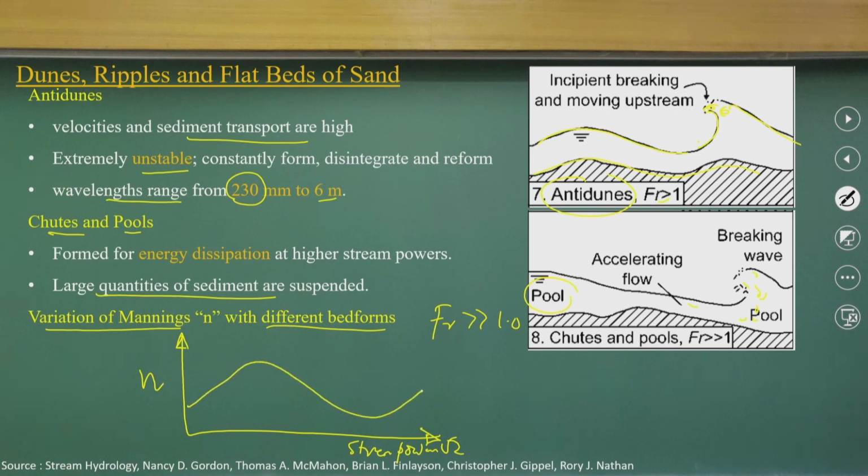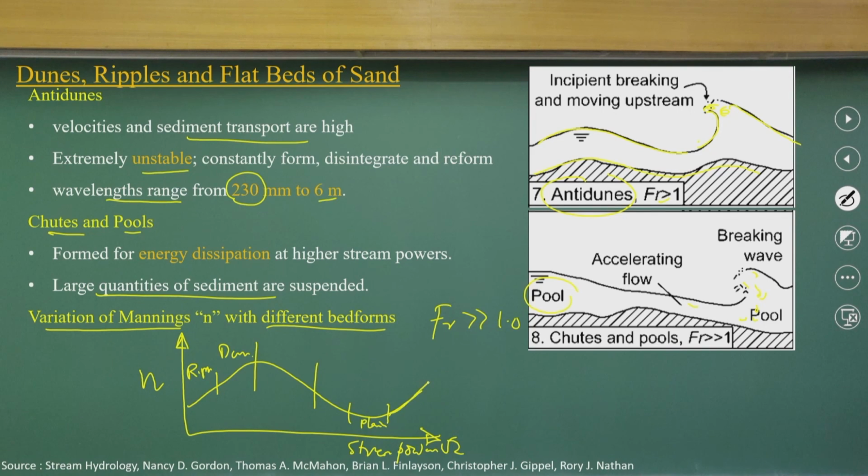The first part is ripples, the second part is dunes, then we have a transitional stage, then you have a plane surface, in which case the n value will be low. In the case of the dunes, it will be a high n value, with high flow resistance. Then as you go to antidunes, it increases.